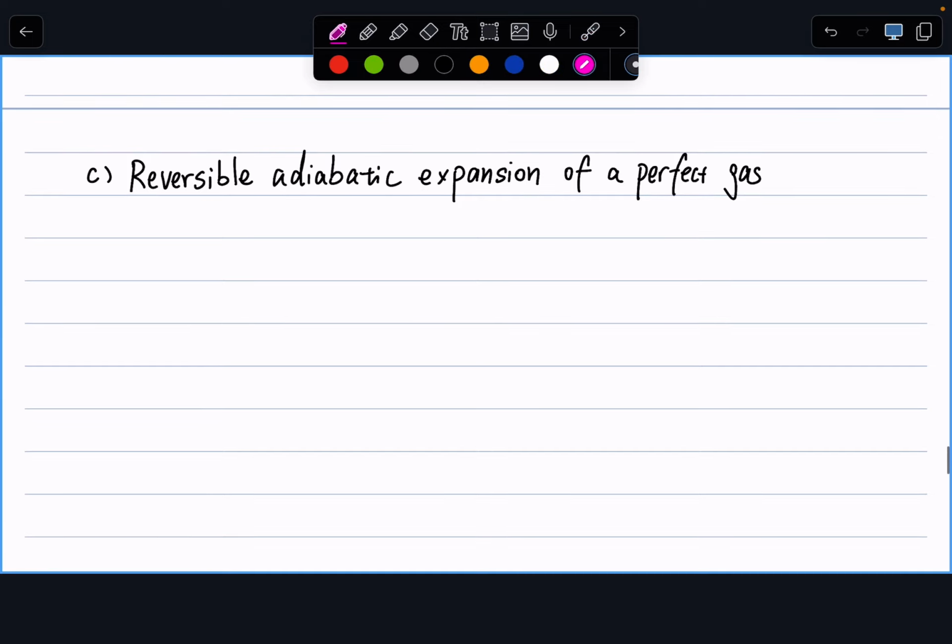What we know about this question: reversible, so W equals negative PdV; adiabatic, Q equals 0; expansion, so V final is larger than V initial, or delta V is positive.